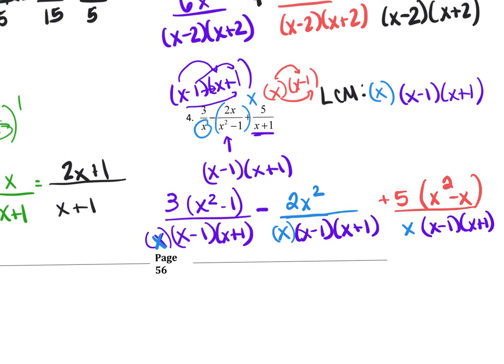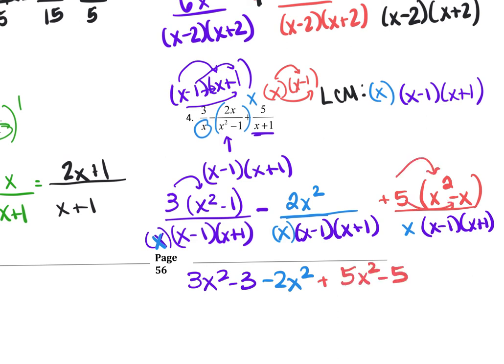So when I do this, I get, cleaning things up now at the top here, 3x squared minus 3 minus 2x squared plus 5x squared minus 5, all over the common denominator of x times x minus 1, x plus 1.